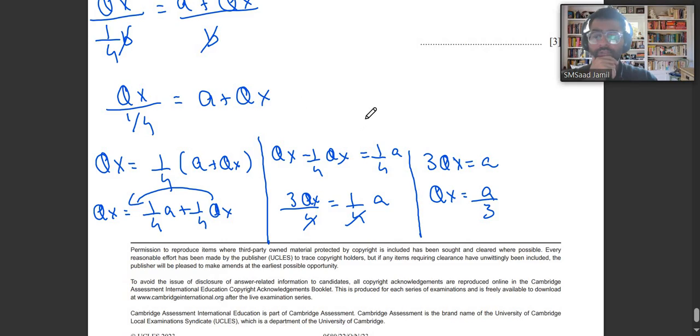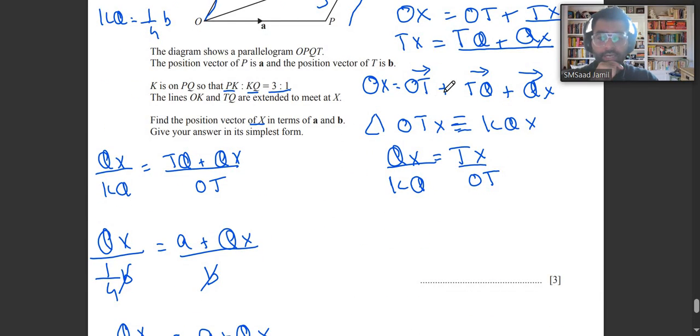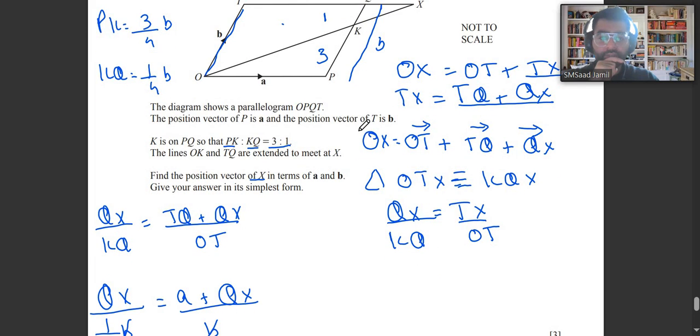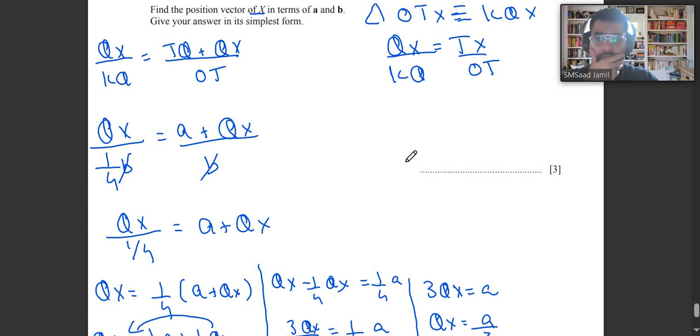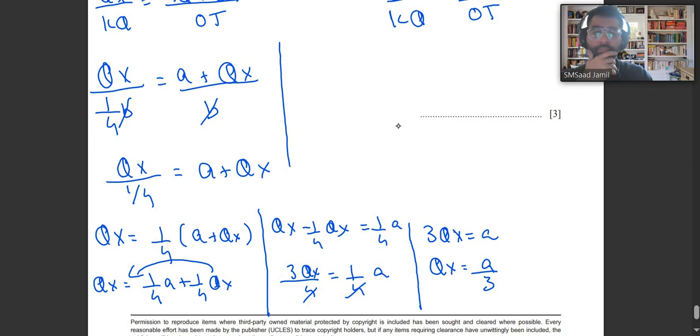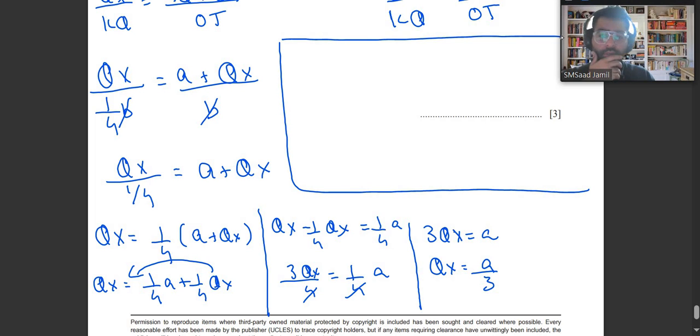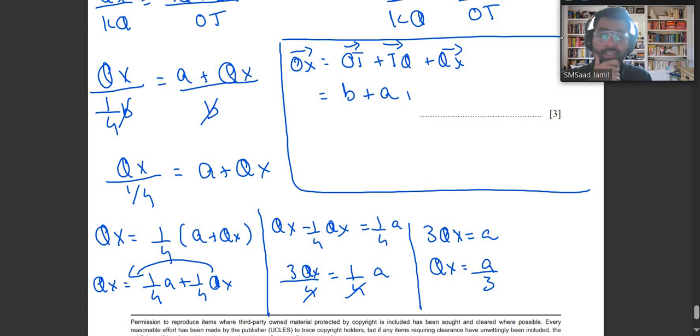Alright, so now comes the main part. We had this equation for OX, we will use this equation now. OX is equal to OT plus TQ plus QX. The value of OT is b, the value of TQ is a, and the value of QX is a upon 3. So this is equal to b plus a plus a upon 3, which is 4a upon 3.